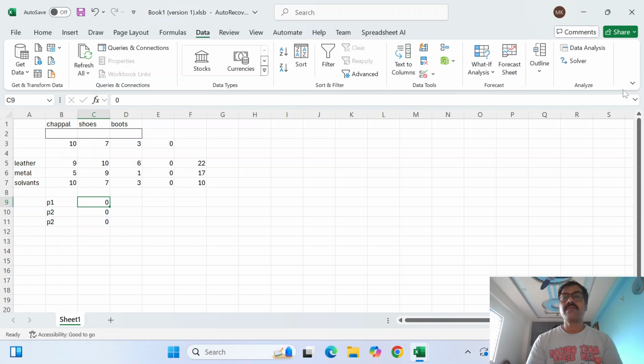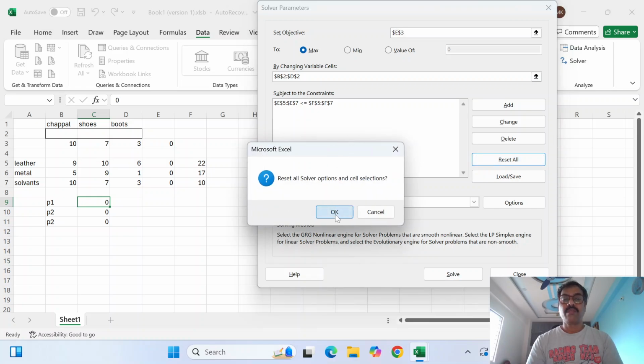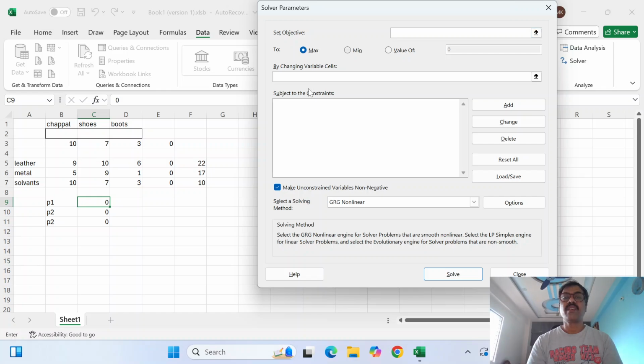Now in Data, you get this Solver. When you go to the Solver, I'm going to reset all. My objective function, the set objective, is going to be this one, E3, where I have the sum product of the two ranges: the range of number of units required to be produced for a given range of price for each of the products.